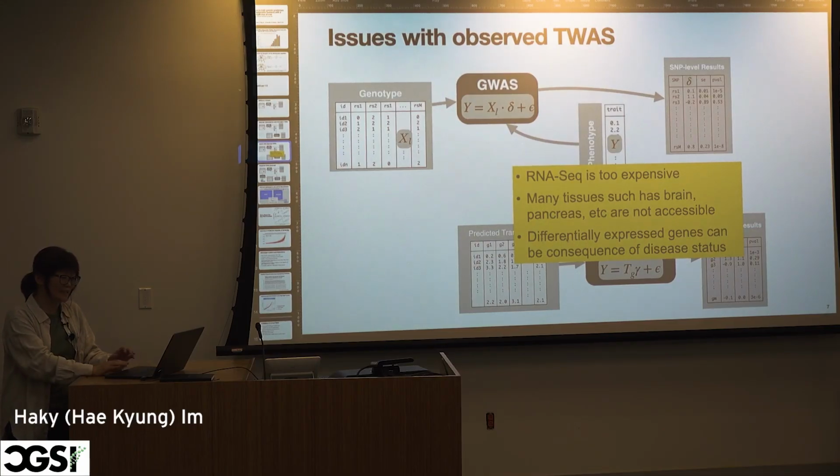And the other thing is, if you find differential expression between cases and controls, that doesn't necessarily mean that the differential expression of the gene caused the disease. It could be the other way around, reverse causality. Once you have diabetes, for example, your transcriptome will be all messed up, and the expression will be different not because it's causing the disease, but as a consequence of the disease.